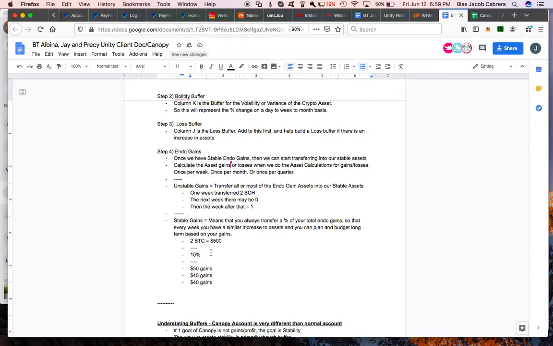With unstable gains, one month we made a bunch of money, but then the month after that, we got no more money and it all kind of crashed, we would have to change all of our budgets accordingly. But if we balance it all out so that the income is coming in over time, it will help stabilize the budgets over the course of many months, and will help us be not only stable with our assets, but stable with our budget changes and income. Okay.